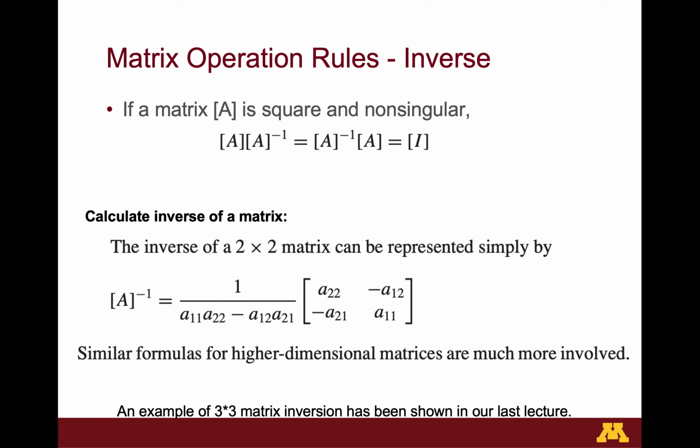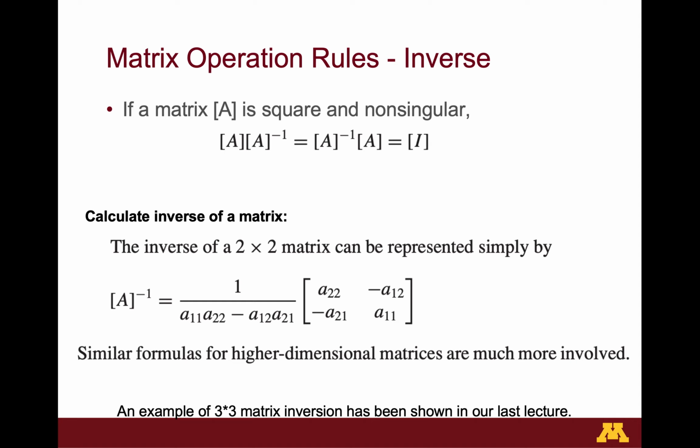Here, we show one example of calculating the inverse of a 2 by 2 matrix, which is A to the power minus 1 equals 1 over (A11 times A22 minus A12 times A21), times the matrix with elements A22, minus A12, minus A21, and A11.